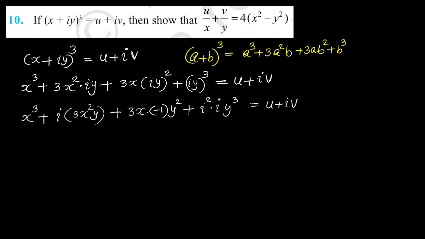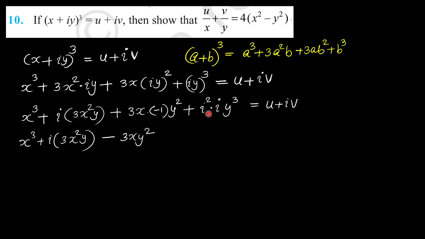Let me write some two steps. After that, you please ask me doubt. x cube plus i into 3x square y. In the third term, there is a negative sign. Negative sign is written first, 3xy square written. And here i square is there.